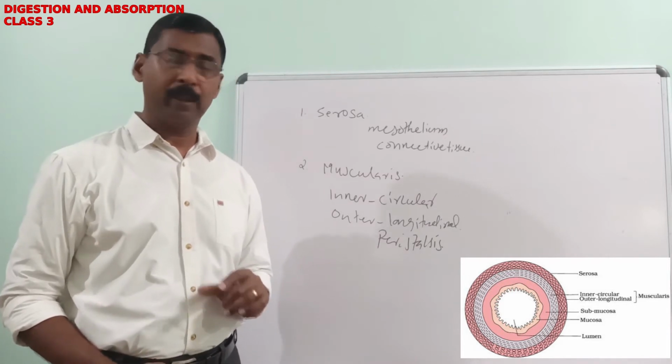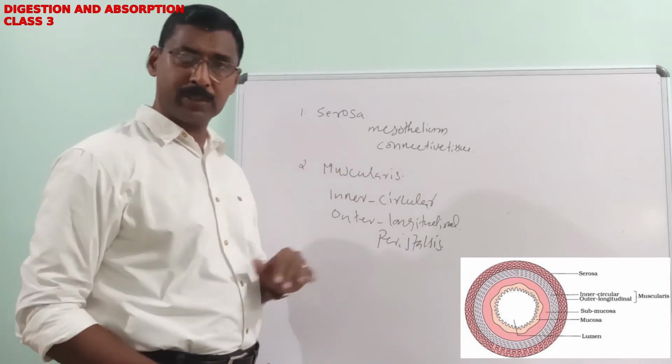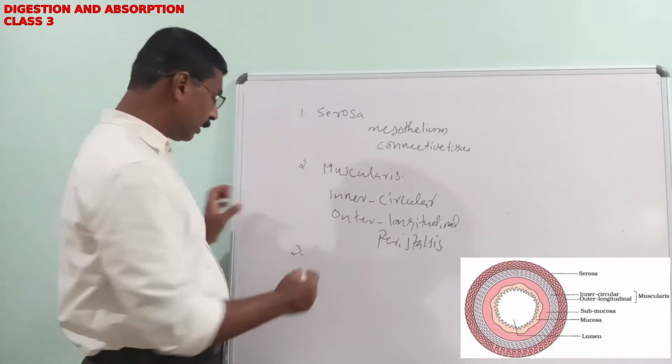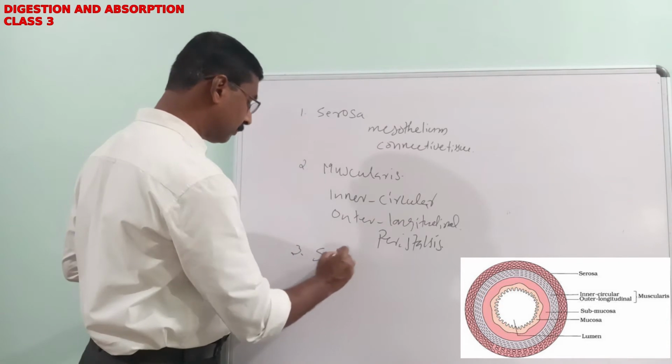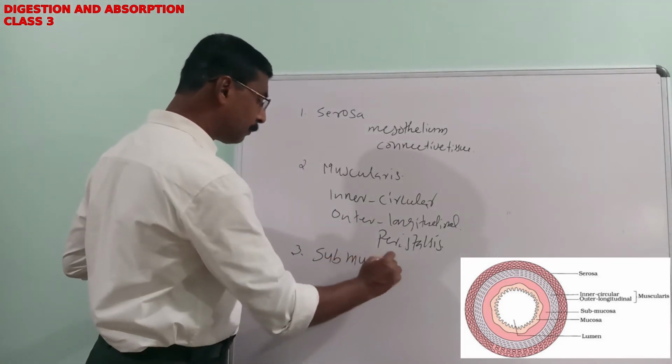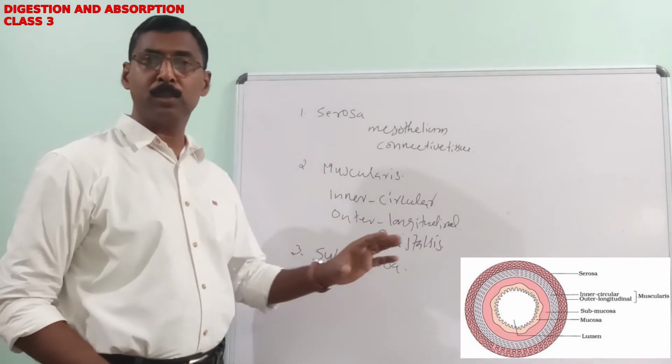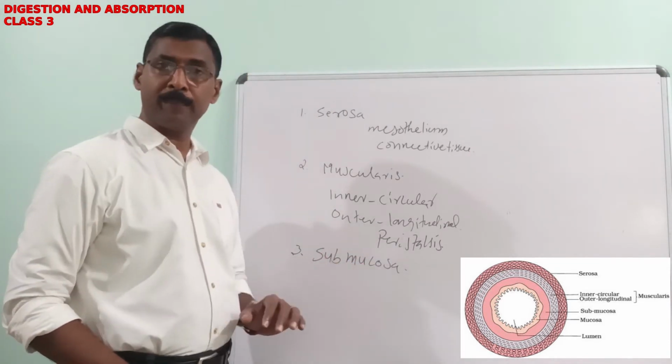Okay. So that is the layer muscularis. And the third layer is submucosa. See in the diagram, it is labeled submucosa.